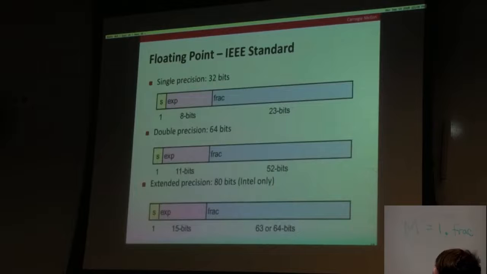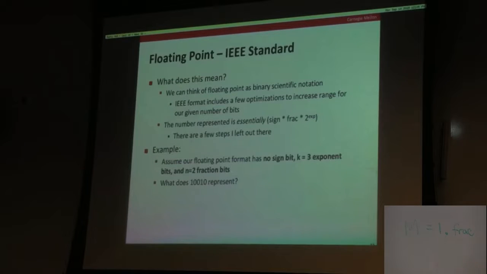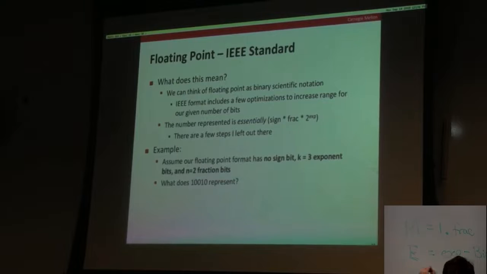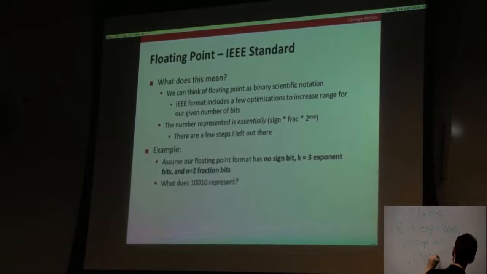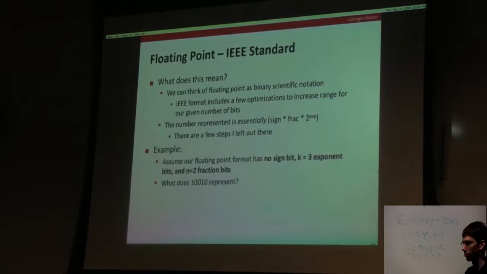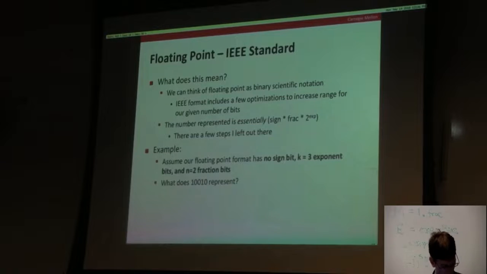So those frac bits go following a 1 and a binary point. Then we've got e, which is equal to the contents of the exponent bits minus a bias. And then we've got the sign bit s. Our floating point number is equal to negative 1 to the s times m times 2 to the e. This is the actual formula for calculating the value that a particular floating point number represents.